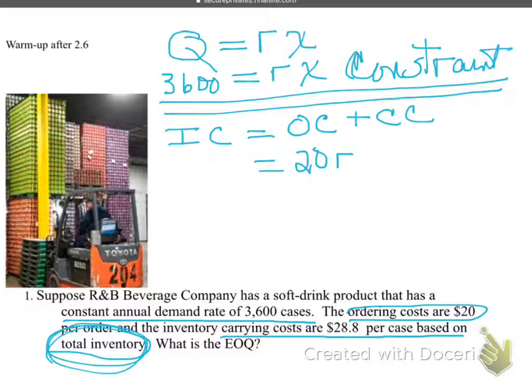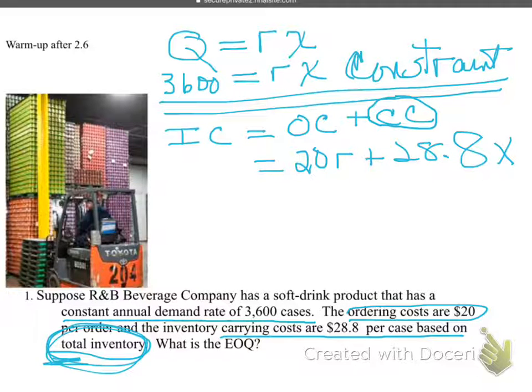So that means your costs are going to be plus 28.8 times the number of cases you order each time. So that's your X. All right, so be certain you understand carrying costs, because that's where people usually make their mistakes. If it says total inventory, you are not going to divide by 2.